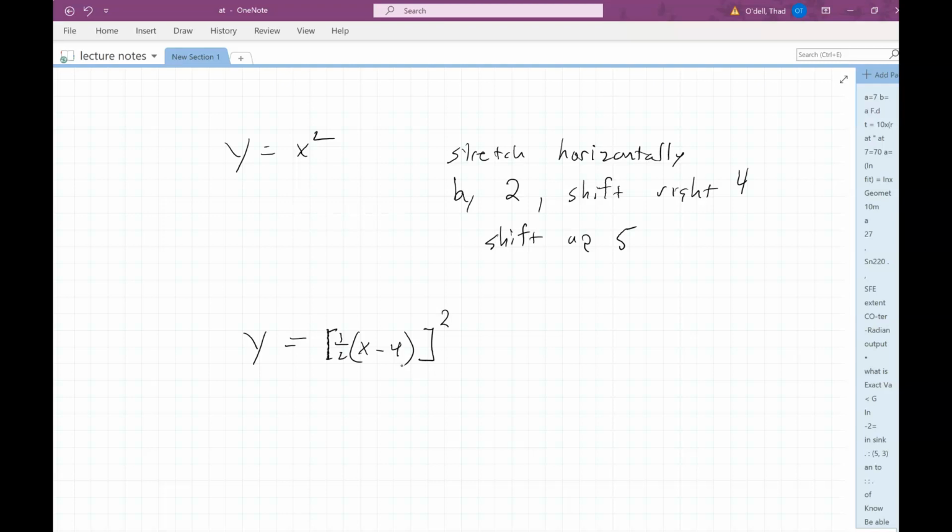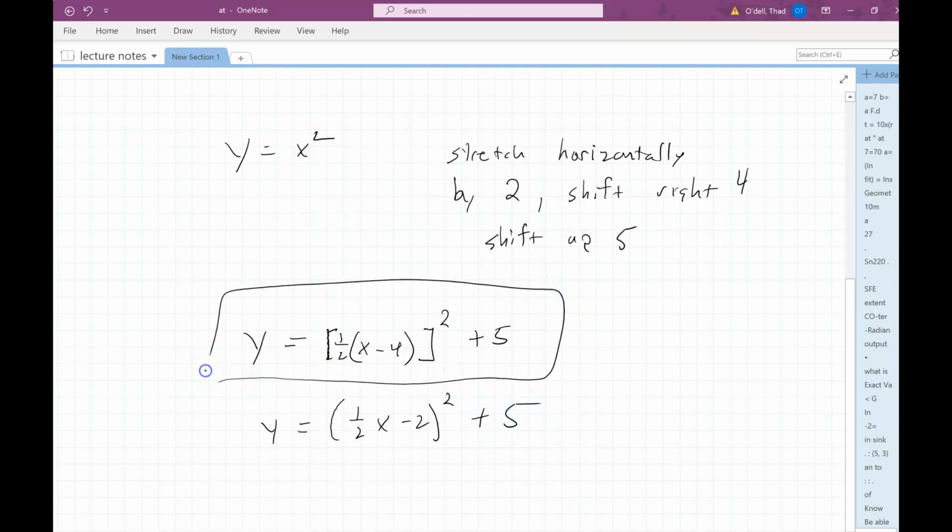But I've written it with the stretch factor factored out of the shift. And then finally you could shift up 5, so that'd be plus 5. Now if you want to, of course, you could write this as 1/2 x minus 2 squared. That's the same thing, obviously. But this is the easiest way to see all the effects of that. Okay?